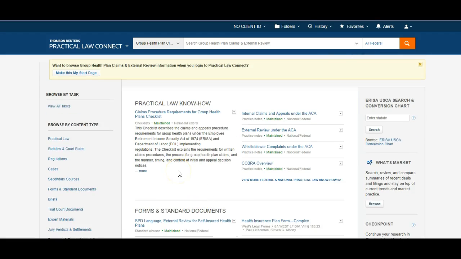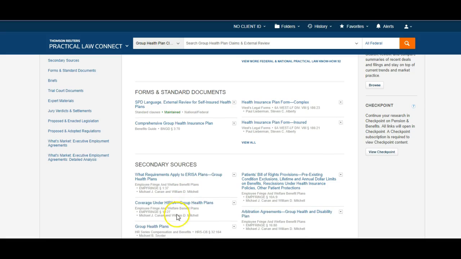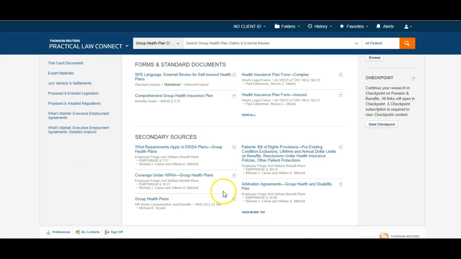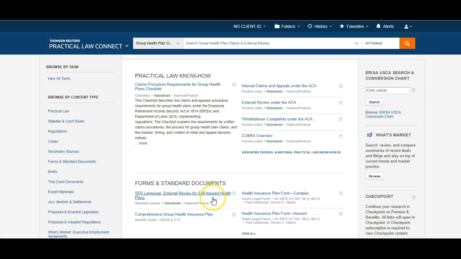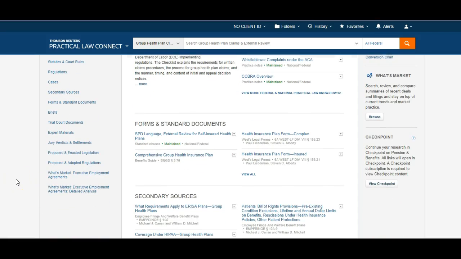But now, as you can see, it looks a whole lot different than what we've been looking at in terms of secondary sources. So we've got practical law know-how, forms and standard documents, so help with drafting, links to secondary sources, and then you can browse by content type.